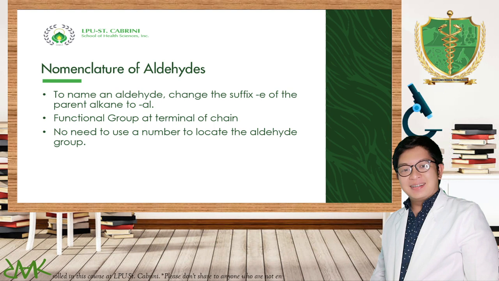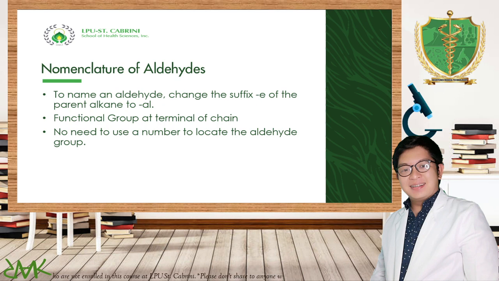Now, in alcohols and in amines, there's a need to indicate the number of our functional group, or to locate the carbon where the functional group is attached. In aldehydes, it's the other way around.